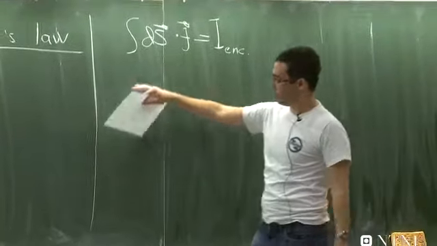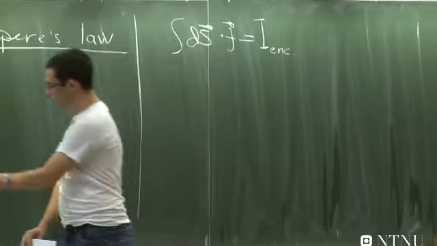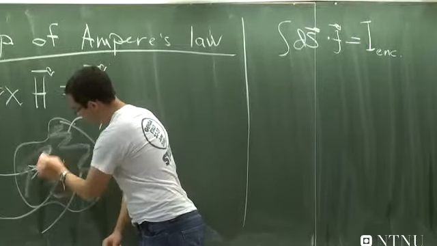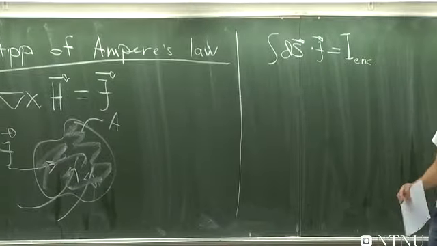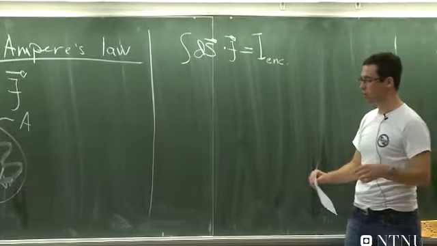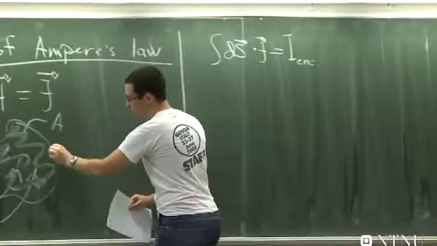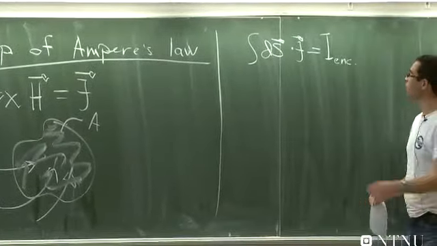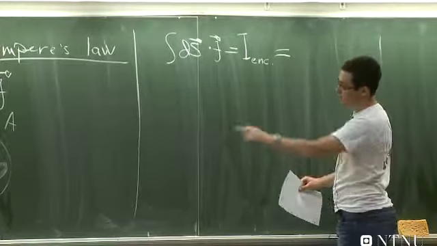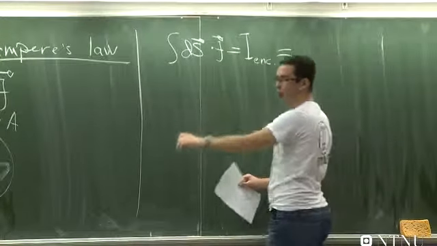The integral over all the area of J is of course the total current flowing through this area. I'm going to call this the enclosed current. It's the current enclosed by the curve circling the area edges, so to speak. That's the right hand side of Ampere's law.